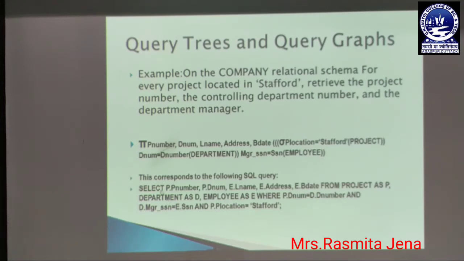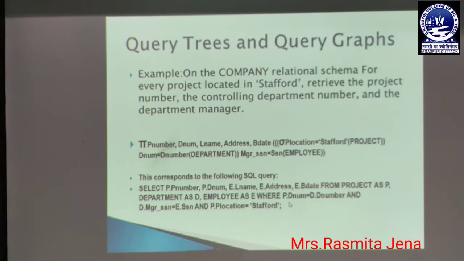You can see in the SQL query we execute a select statement. Select P.P number. P represents project, E represents employee, and D represents department. This is also specified here, according to the SQL rules. Select P.P number, P.D num, E.L name, E.address, E.birth date from project as P, department as D, employee as E, where the first condition is P.P location equals Stafford.